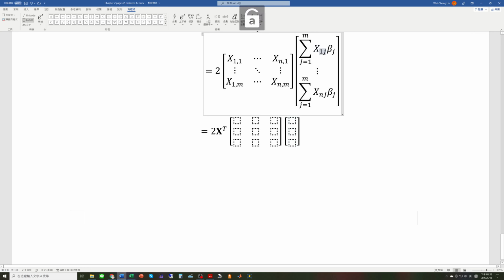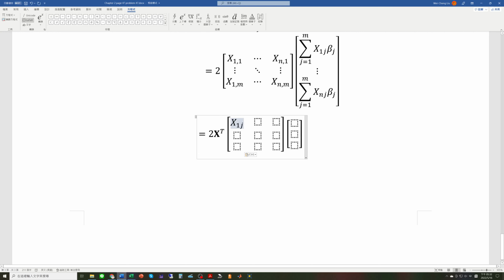So the first element of the first row of this matrix is x_1j with j being replaced by 1, so this should be x_11. And horizontal dots.